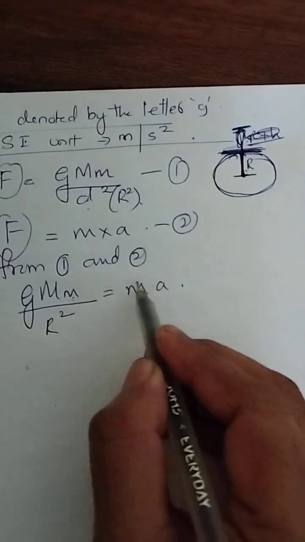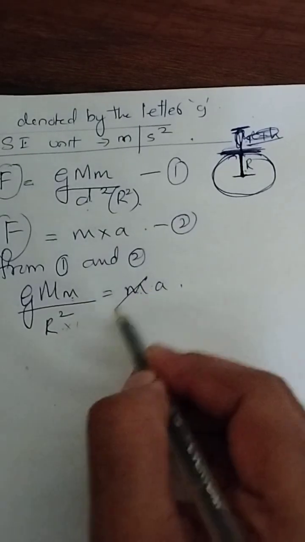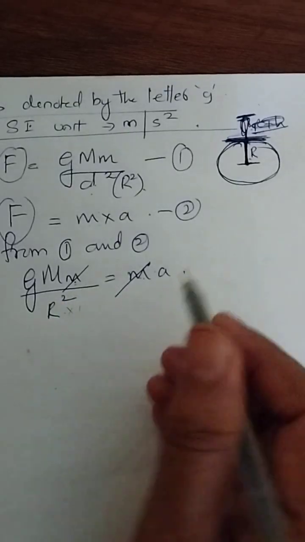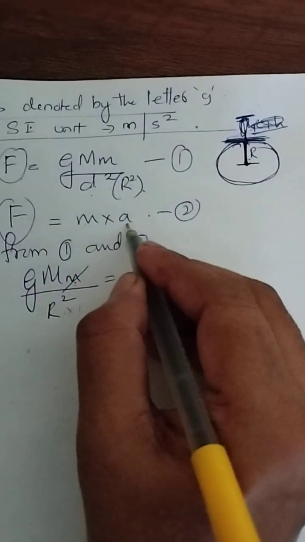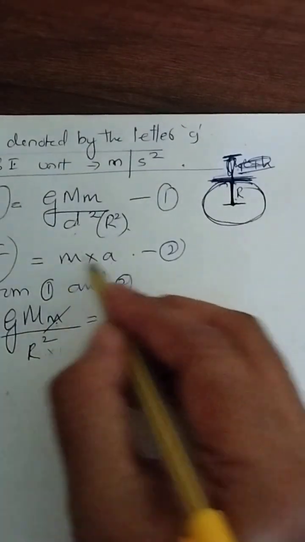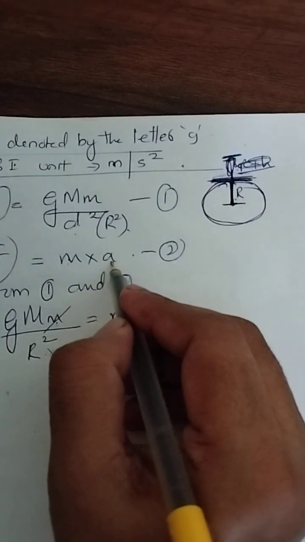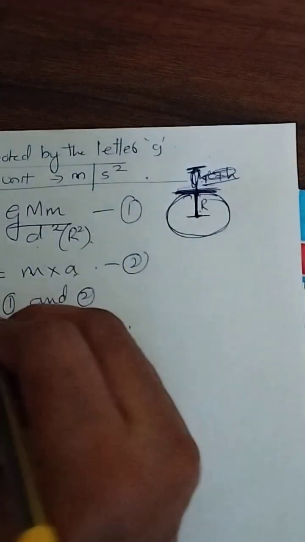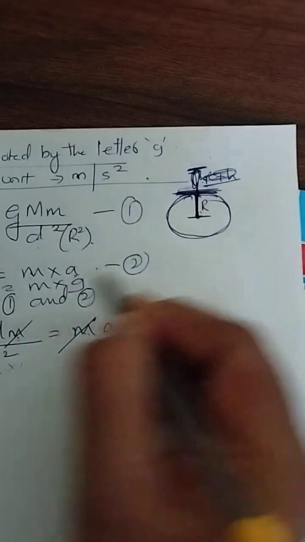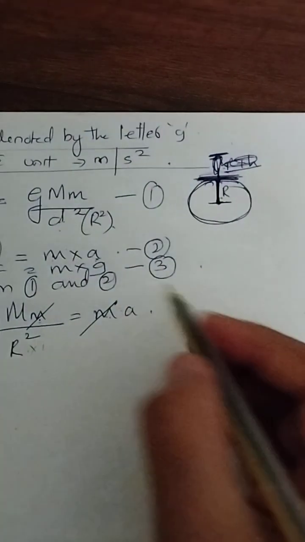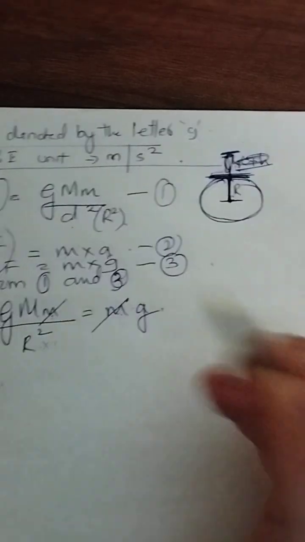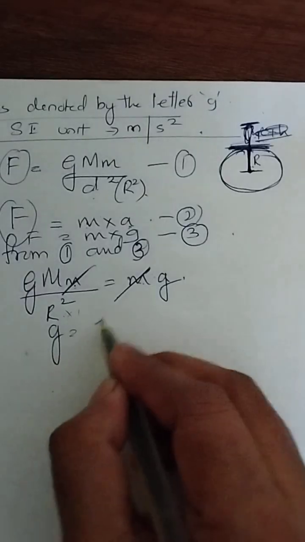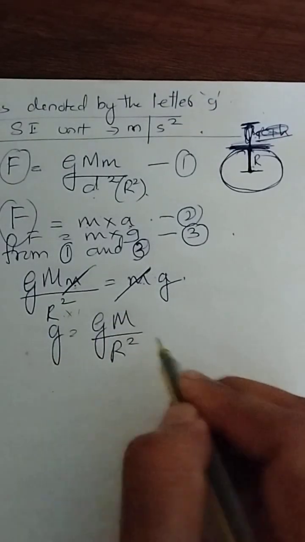This m and this m get cancelled. But now this acceleration is acceleration due to gravity, so we write F is equal to m into g. So from 1 and 3, we have m g is equal to G M m divided by r square, m gets cancelled. So g is equal to G M divided by r square.